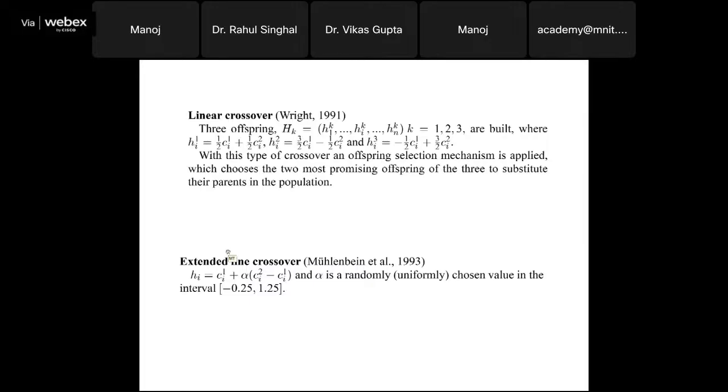So in case of binary representation, it was done by, with a low probability, changing one particular bit, right? If it is 0, it was converted to 1 or otherwise. So a similar philosophy was kept for defining the mutation operator for real coded GA also.